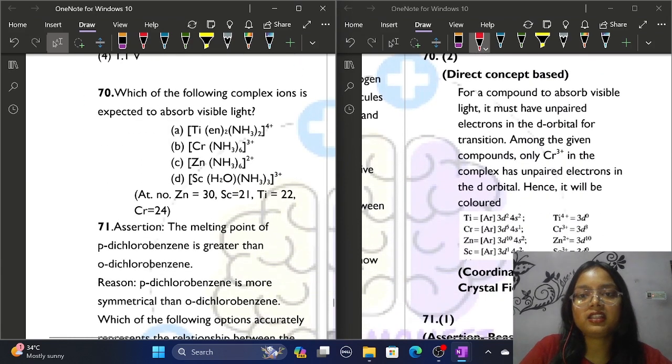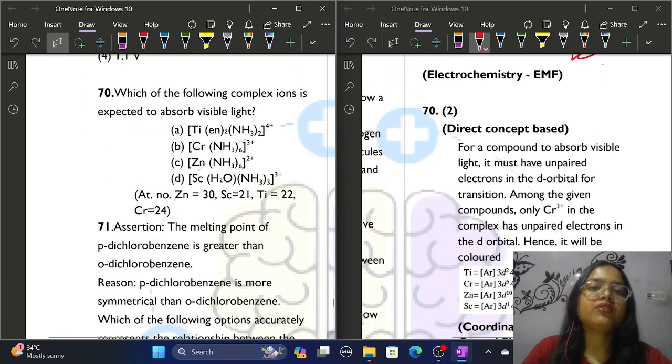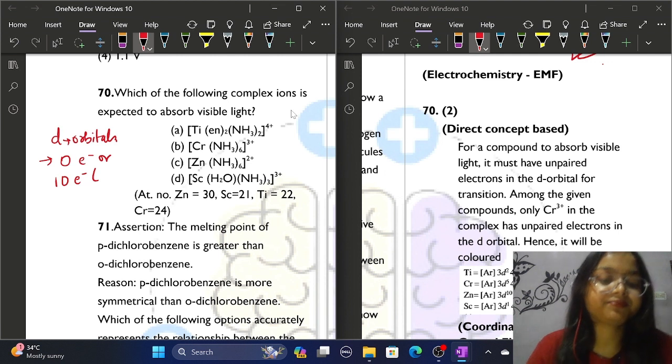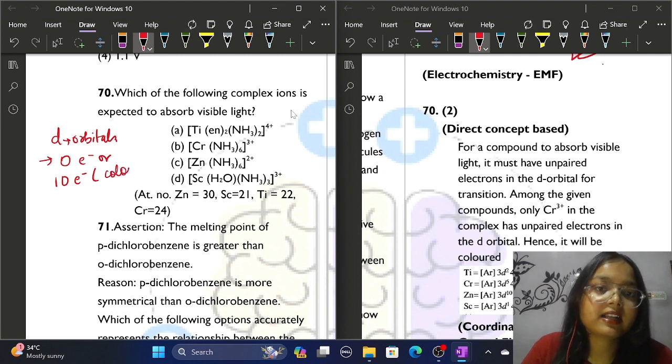Question number 70. Which of the following complex ions is expected to absorb visible light? For visible light absorption, we should know that if the d orbitals contain 0 electrons or 10 electrons, then it will be colorless.